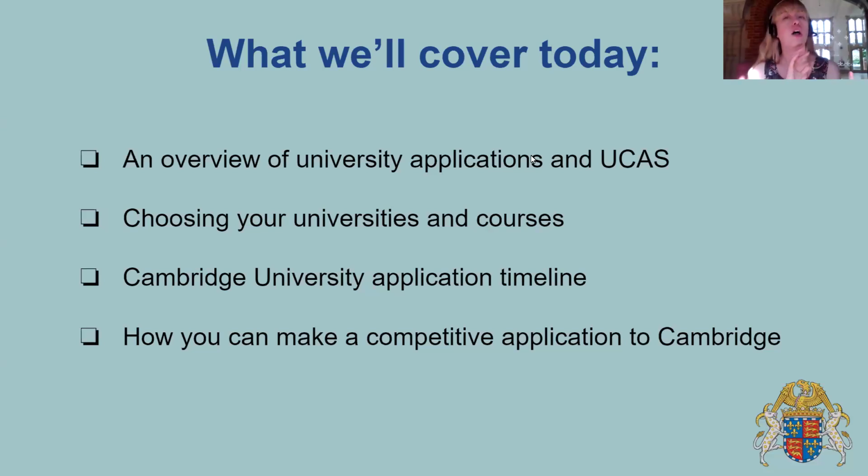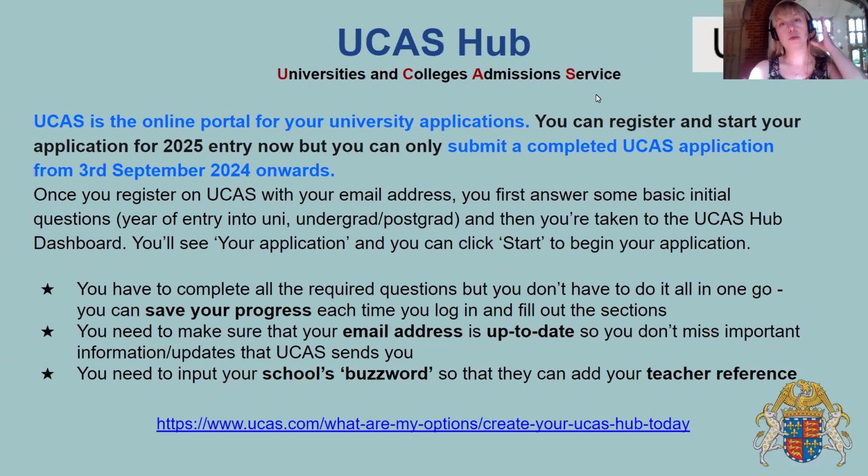A small note here: a lot of the application timeline for Cambridge is quite similar to the one for Oxford, and we'll cover some of the similarities and differences between the Oxford and Cambridge application processes throughout the session today. But most of the examples and information I'm going to give you today are specific to Cambridge. And then finally, we will touch on ways that you can make a competitive application to Cambridge. I hope to give you some practical tips and advice, and some resources that you can pursue in your own time.